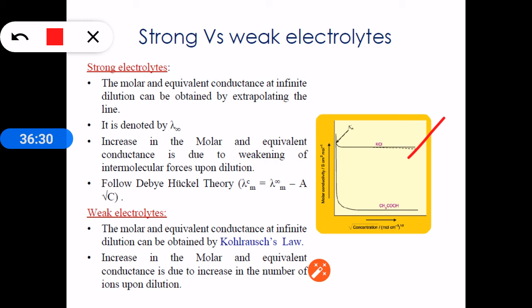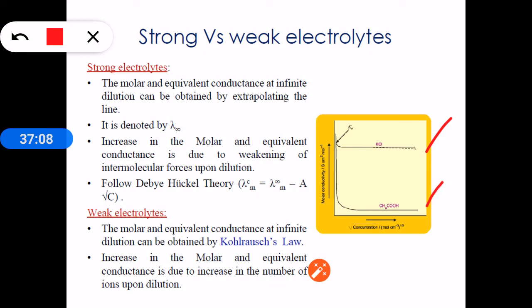Whereas in the case of a weak electrolyte, the conductance value is very low initially, but on dilution it is increasing, but it is not reaching a particular value, and by extrapolation of this curve we cannot get the equivalent conductance at infinite dilution, because the curve is going like this. You see here, strong electrolytes initially have a higher conductance value, whereas weak electrolytes have a lower conductance value.